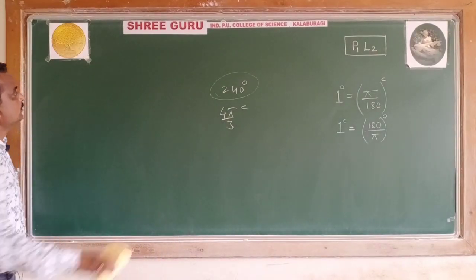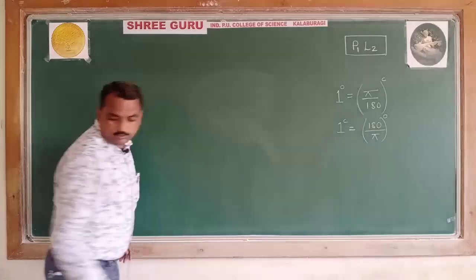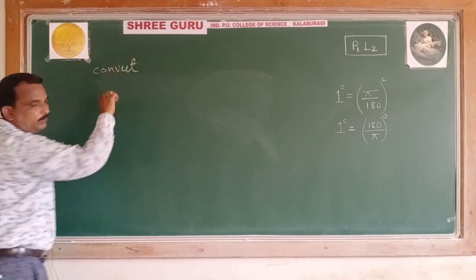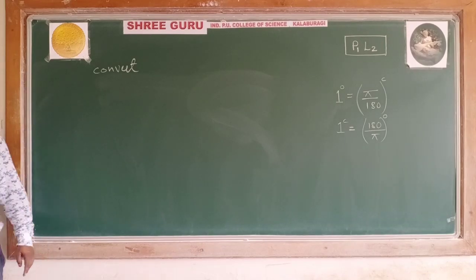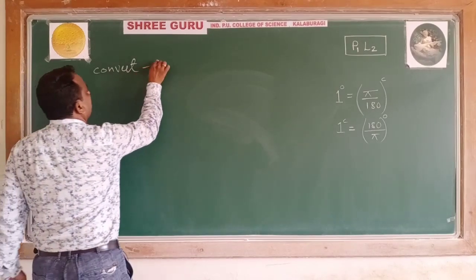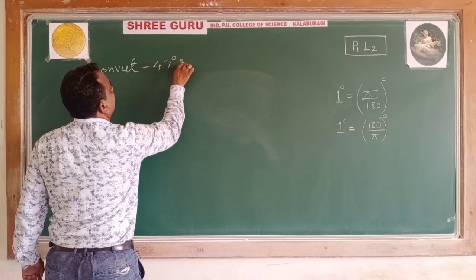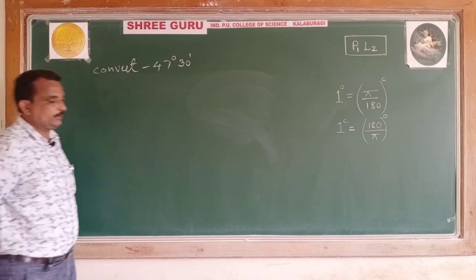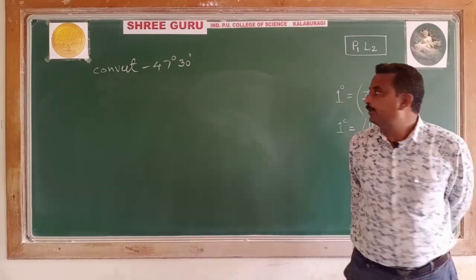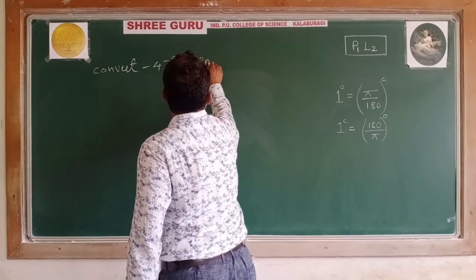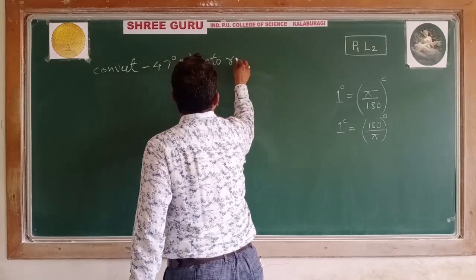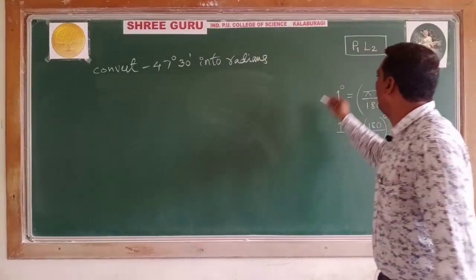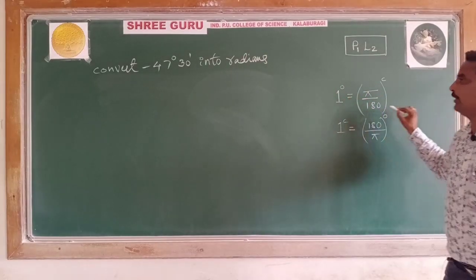Now see the students, come to the next example: convert minus 47 degree 30 minute. It is in terms of degree, and you have to convert in terms of radians.